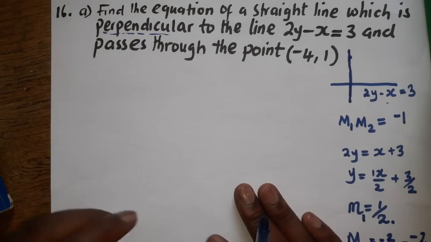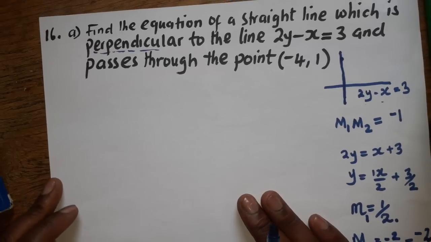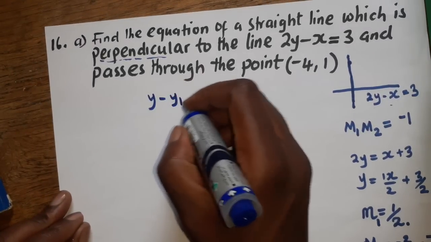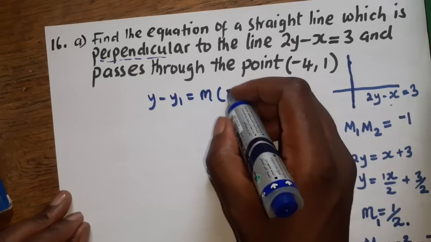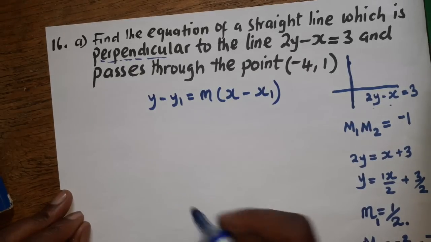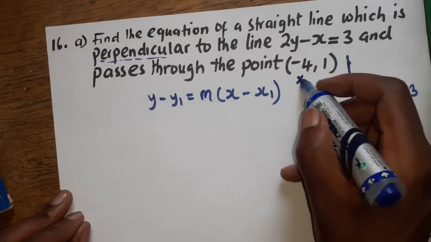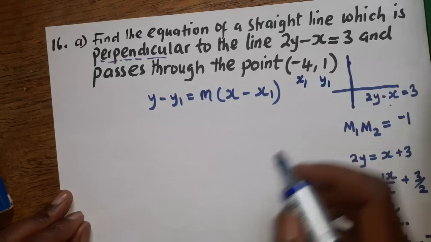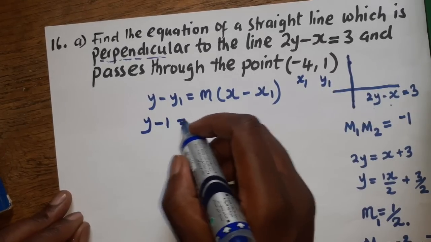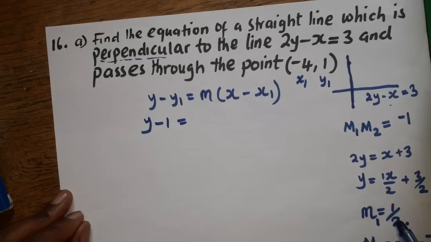So now we need to write the equation using the formula, y minus y1 equals m times (x minus x1). So we take this one as our x1, this one as our y1. So we have y minus 1 equals our m.